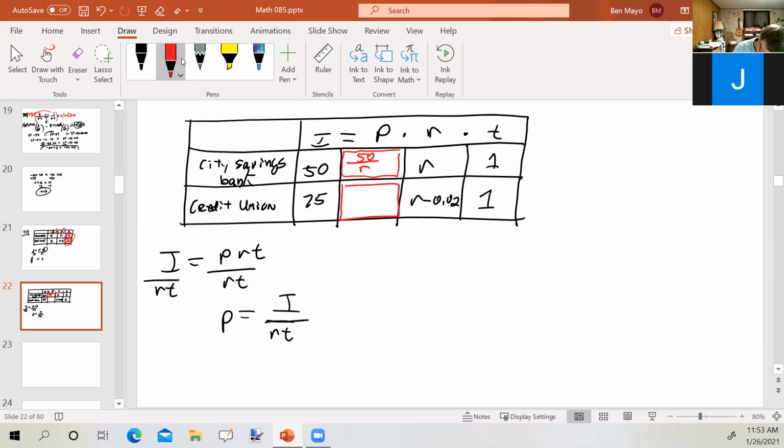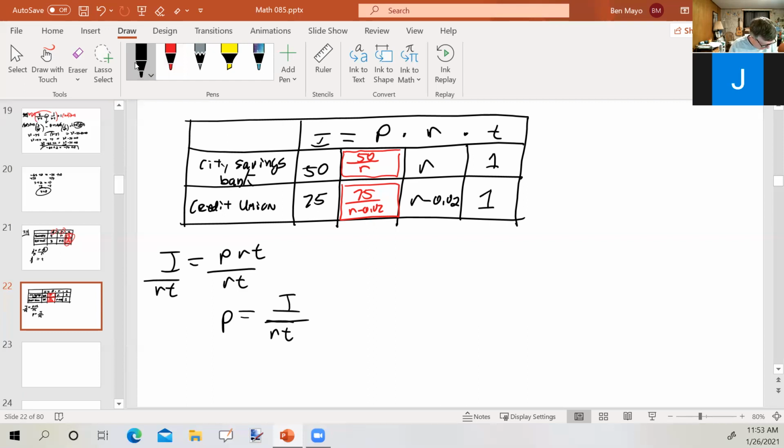This P is I divided by RT, so you get 75 over R minus 0.02 times 1 would just be 75 over R minus 0.02. Any questions on that? So basically, we're writing one variable in terms of information given about the other variables.